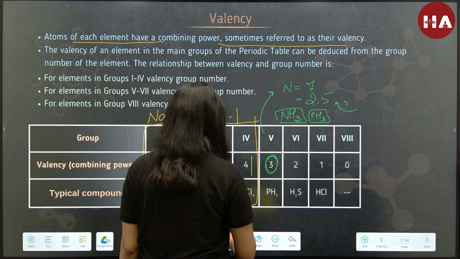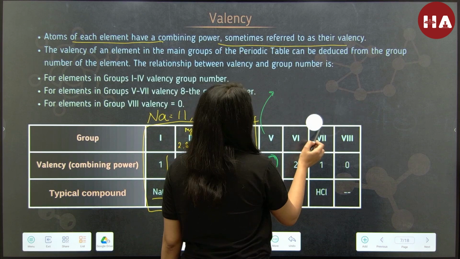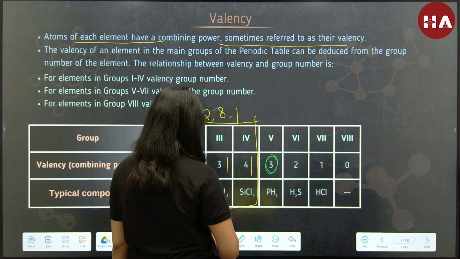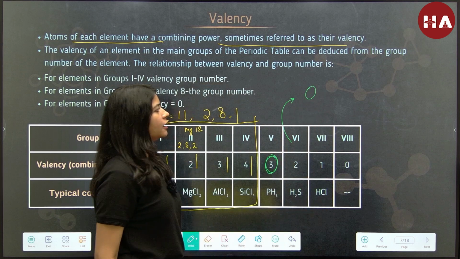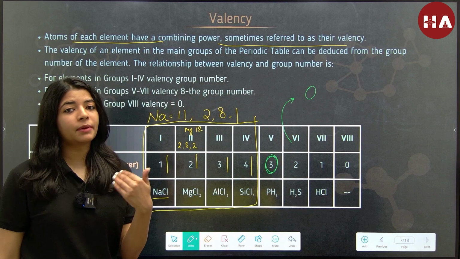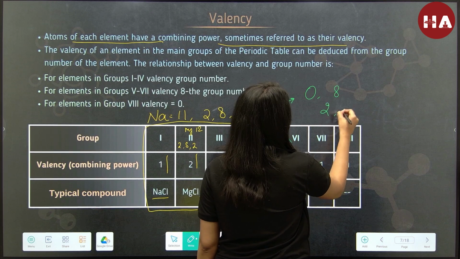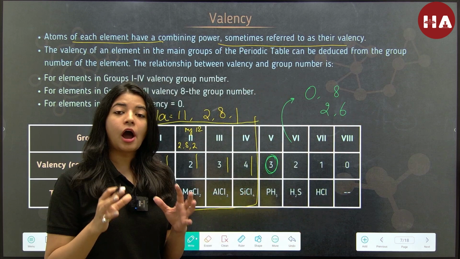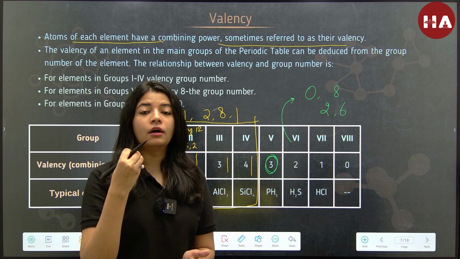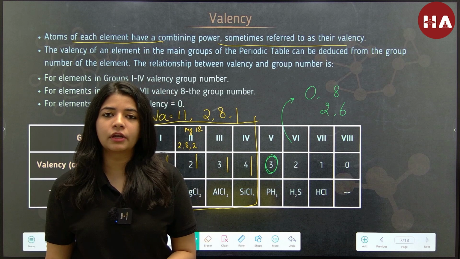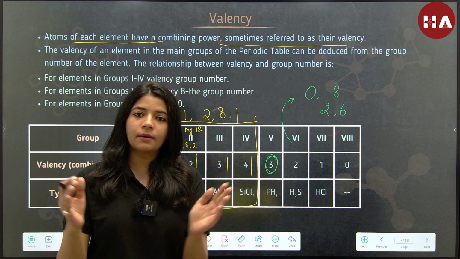Next, let's move on to group 6. So in group 6, oxygen comes, right? Oxygen has atomic number 8. If I have to write the electronic configuration, it will be 2, 6. Now how many atoms does it need to combine with to achieve the stable electronic configuration? It needs 2 more electrons. It means 2 more atoms can combine with it.